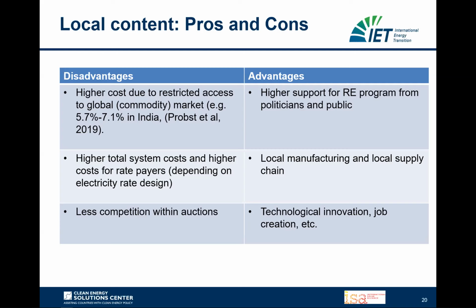Local manufacturing and supply chain creation is, of course, the desired side effect of this. And in the best case, you also see some technological innovation, some technological spillover to other industries, job creation, which could somehow justify this slightly higher cost that you will have to face.